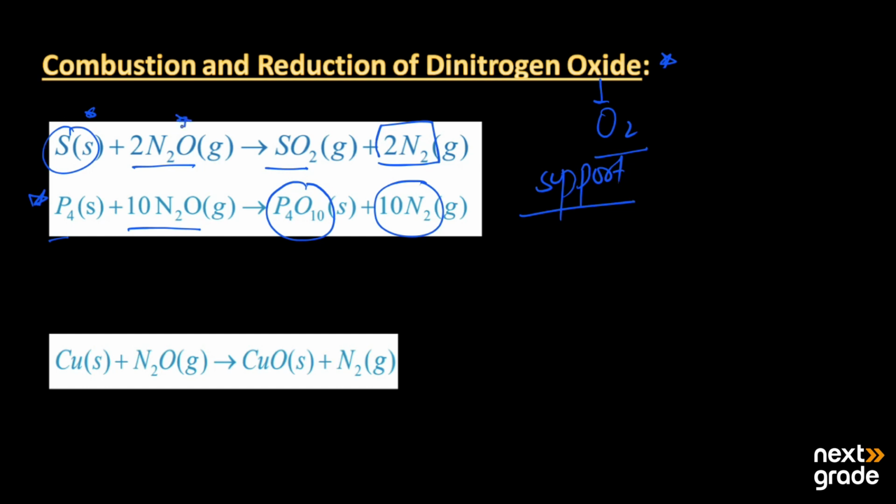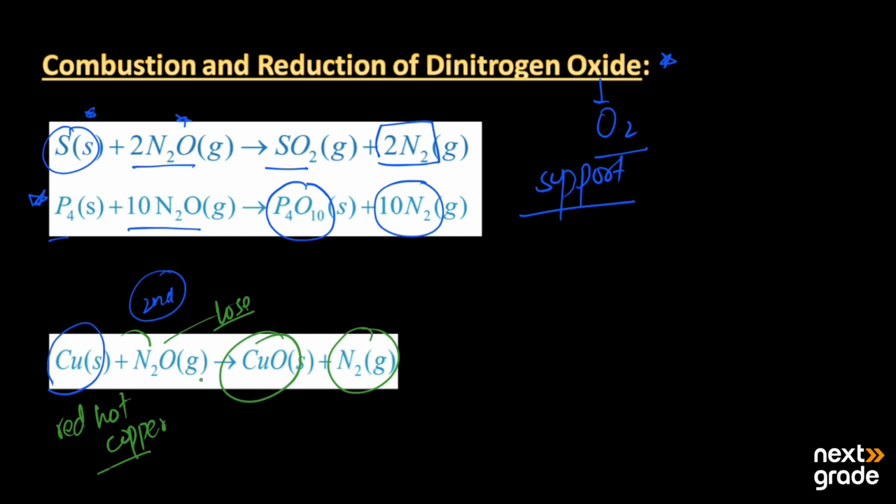The second chemical property: dinitrogen oxide reacts with copper, or it may be passed over red hot copper. Then two products are obtained. It is reduced to nitrogen because it loses the oxygen, along with the production of cuprous oxide as CuO. These are the simple chemical properties of dinitrogen oxide.